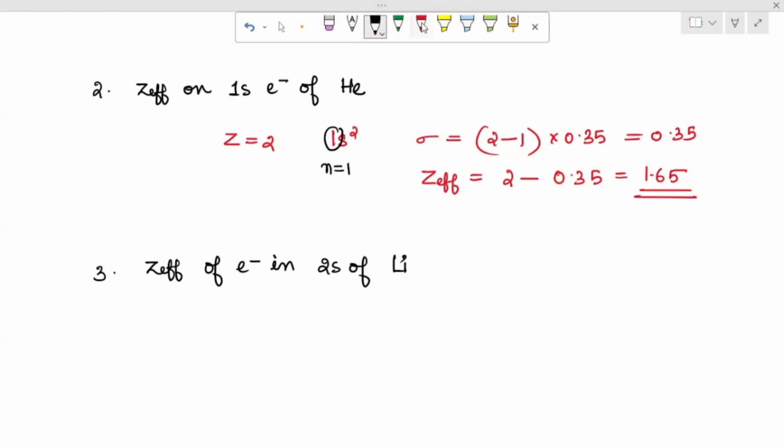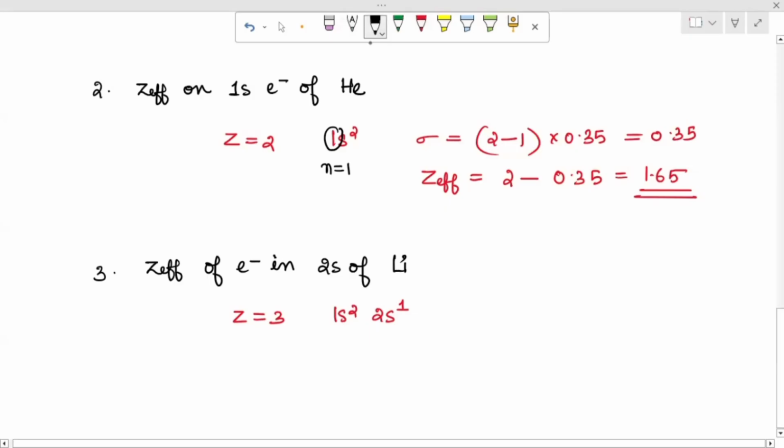For lithium, Z is equal to 3. The configuration is 1s2, 2s1. Understand that the value of n that you have is always the highest shell, so here n is equal to 2.